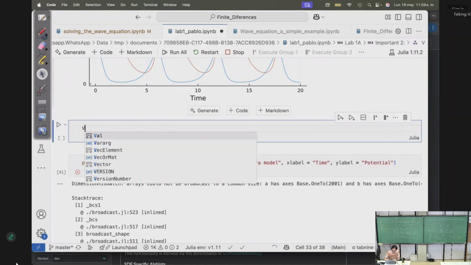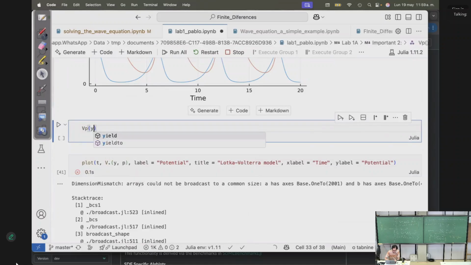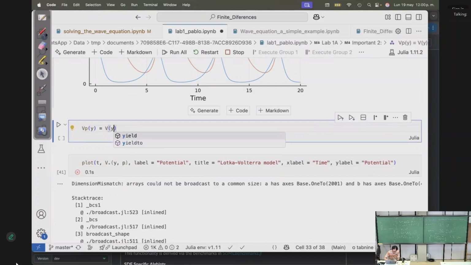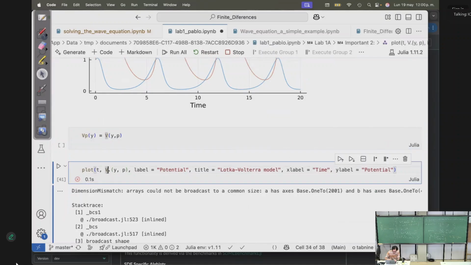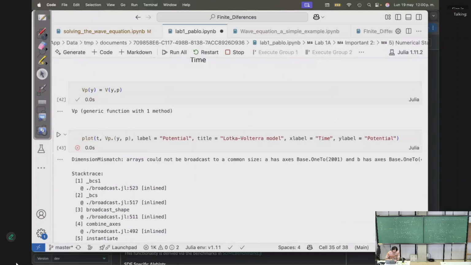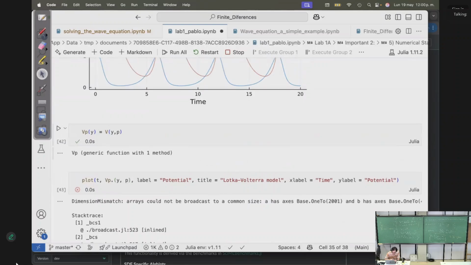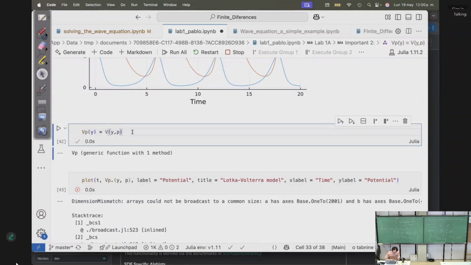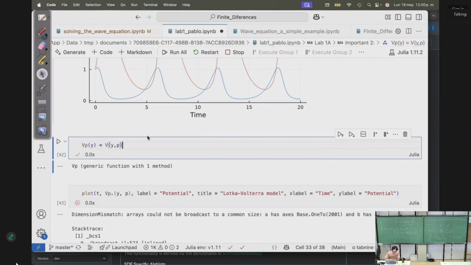There's the bp of y equals b of y times p. I think this solves it. Okay, let's do the simple solution.